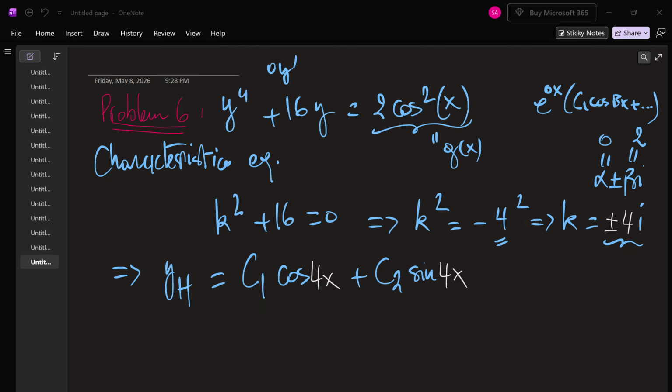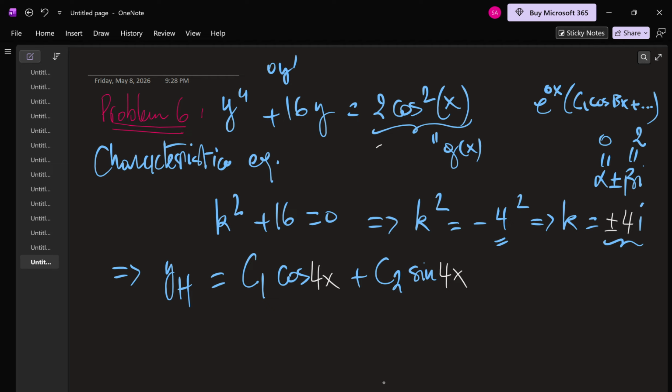Next thing, let's guess the solution. So let's guess the solution. How to guess it?